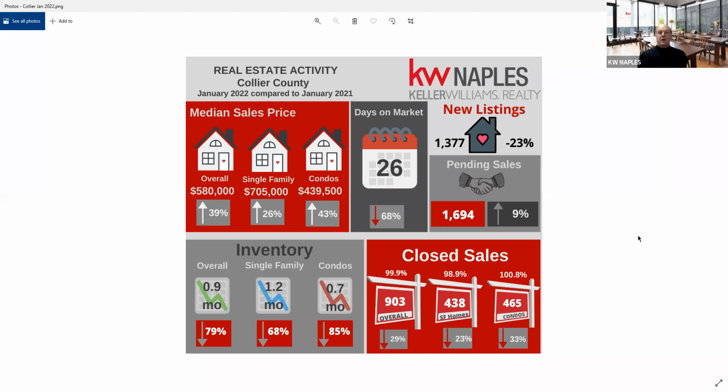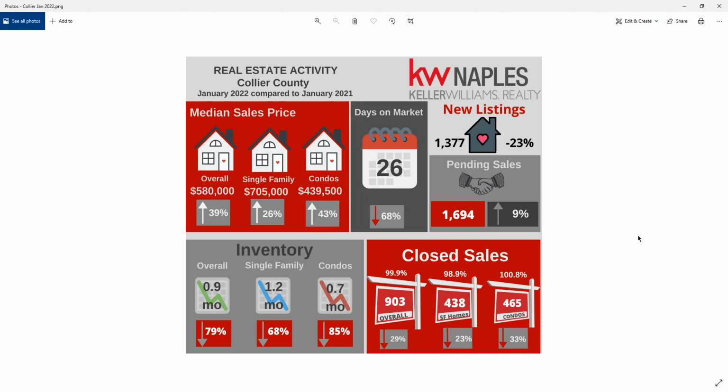Okay. You can see that we just looked at the full year of 2021, and now we're looking at 2022 over 2021 for the month. And I was really surprised to see the significance in the change in sales numbers. There are two things that come to mind.